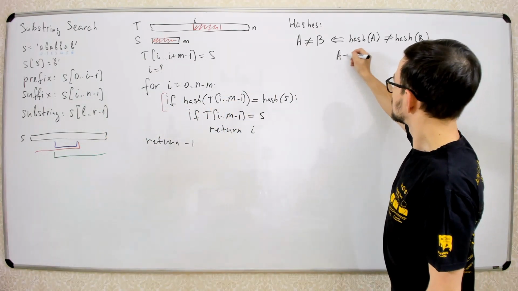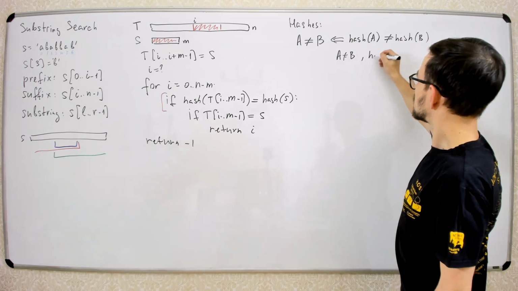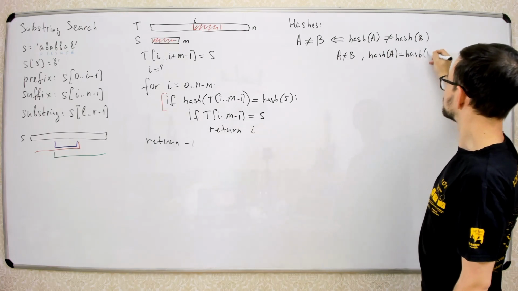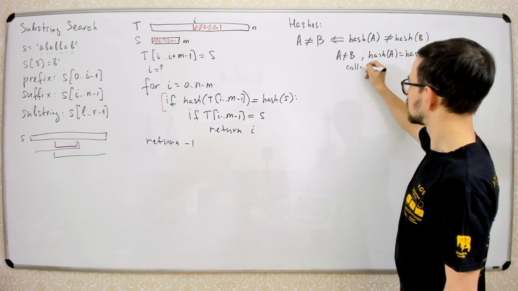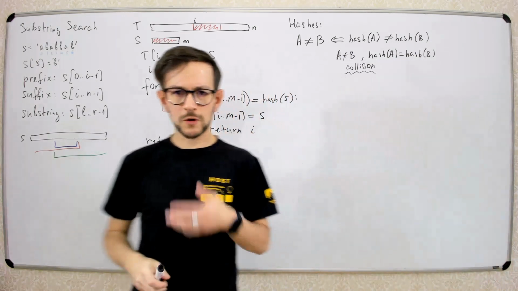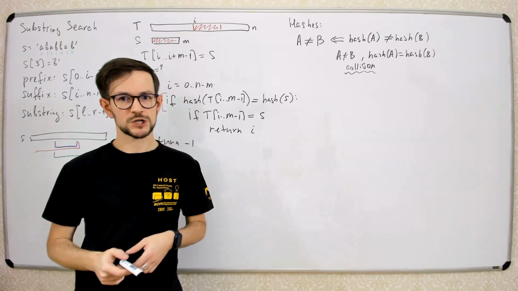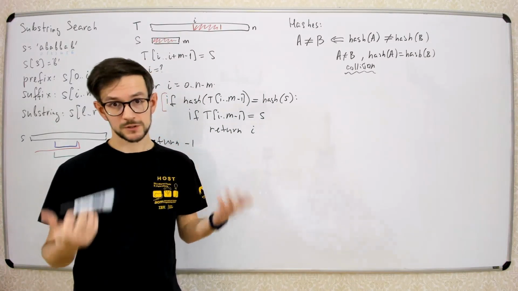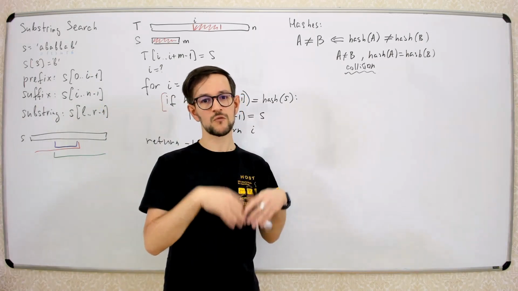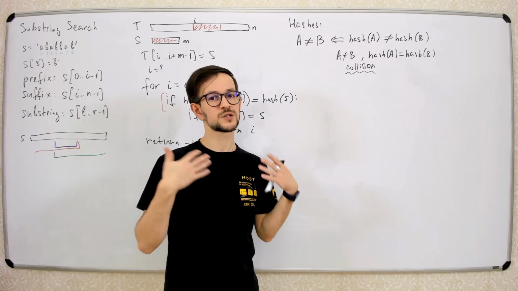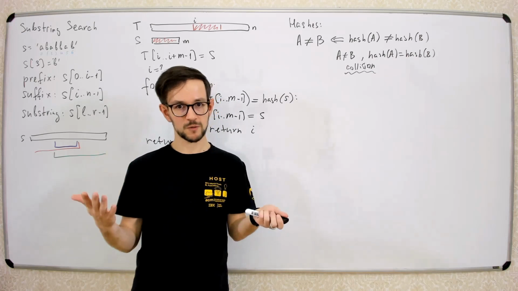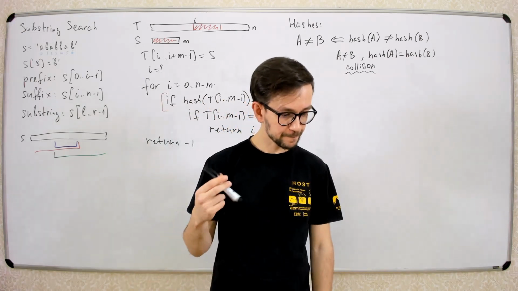If you have two different strings having the same hash, it's called a collision. We talked about collisions last year when we discussed hash tables. It happens because the number of possible values of the hash function is less than the total number of all strings, so collisions are unavoidable. Sometimes you will have a collision with some probability.